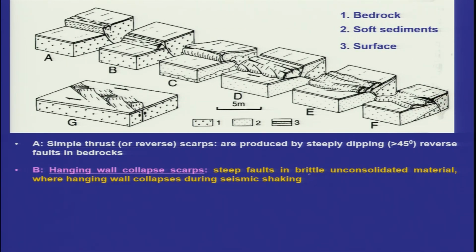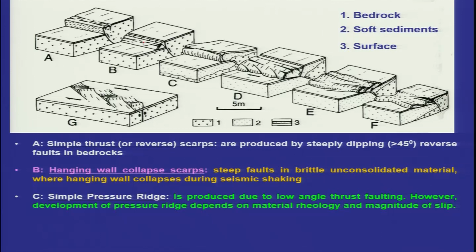So steep falls in brittle unconsolidated material where the hanging wall collapses during seismic shaking, because you will have the displacement, and along with that you will have strong ground shaking that will result in the collapsing of the material here. And of course along with that, this collapsed material will also show some extensional cracks which are developed here, or the extensional faults.